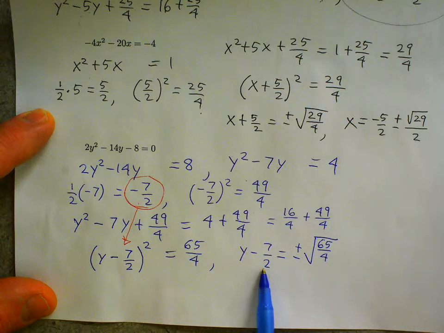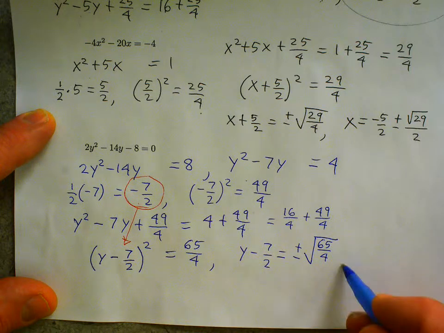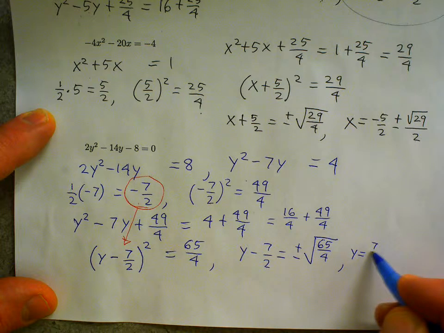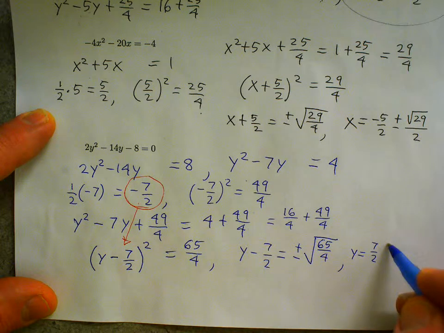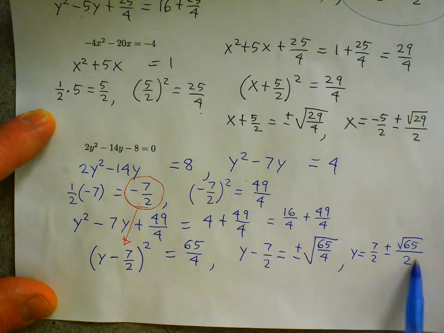We'll add 7/2 to both sides, and we'll also simplify the square root of 65/4. So we'll get y equals 7/2 plus and minus the square root of 65 divided by 2, because the square root of 4 in the denominator is just 2.